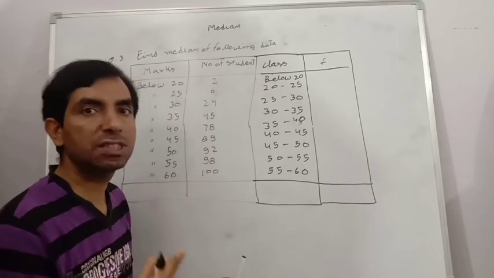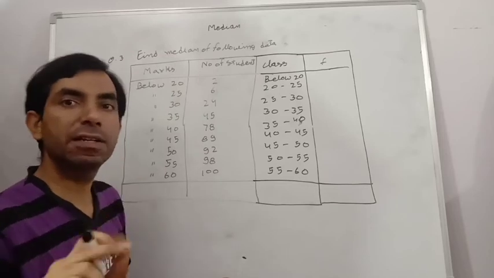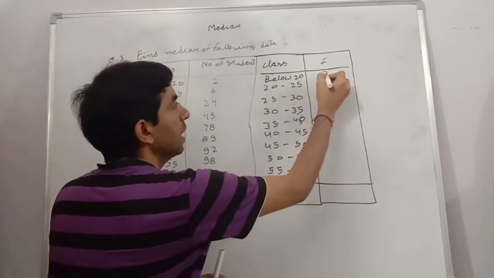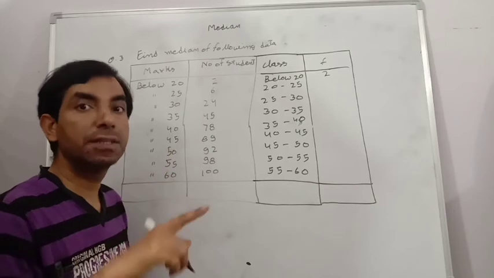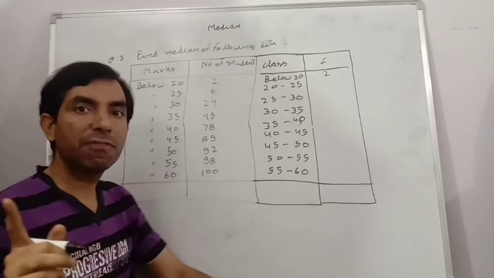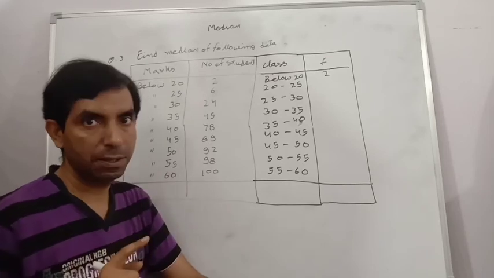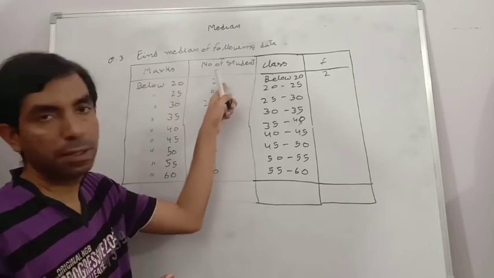So always start from the lower side. First, the lower side value, write it as it is. Write it as it is means 2 is as it is. And the second time we subtract this value. Previously for cumulative frequency we add, but here we subtract from the next value the smaller side number.